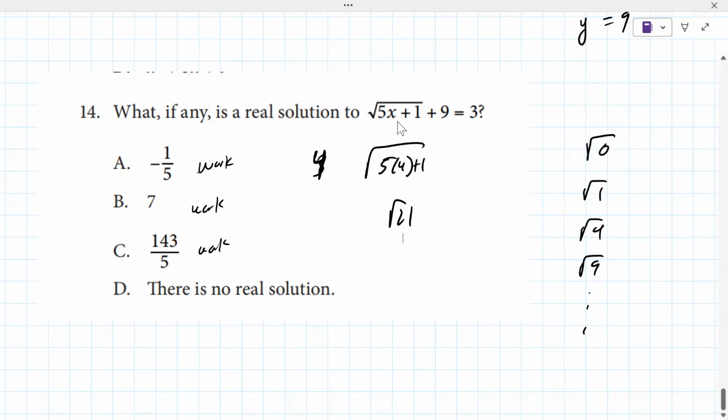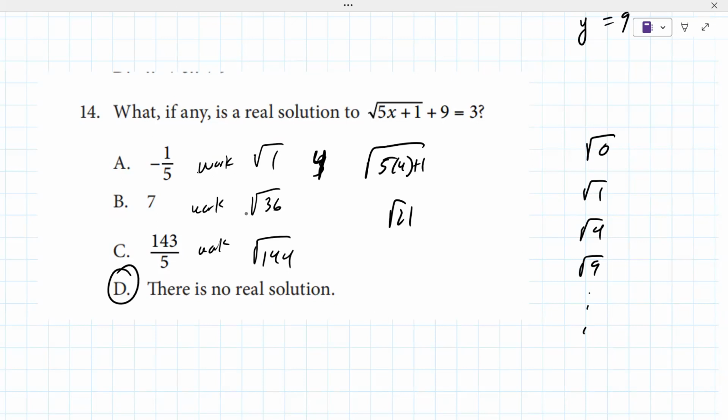The square roots are the one where you can maybe eliminate some solutions, but actually all these work. This first one becomes the square root of 1, this becomes the square root of 36, this becomes the square root of 144. The answer to this one actually is D, no solution, but that's a side point.